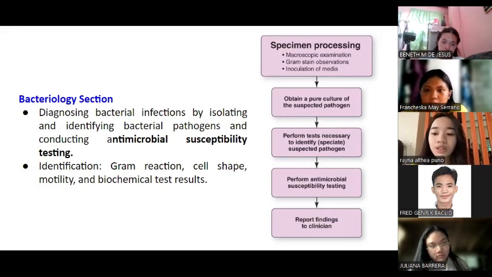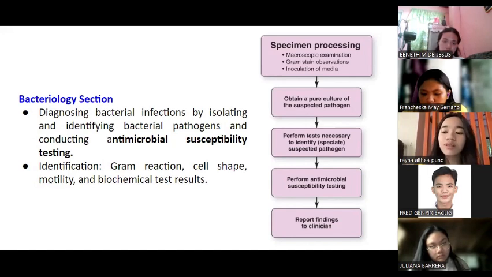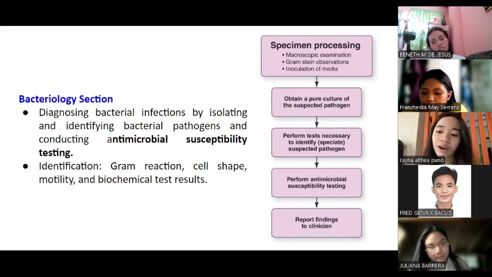And then by culturing these specimens, lab personnel can separate the bacteria from other substances, allowing them to grow in a controlled environment. And once the bacteria are isolated, various methods can be used to identify the specific pathogens responsible for the infection.